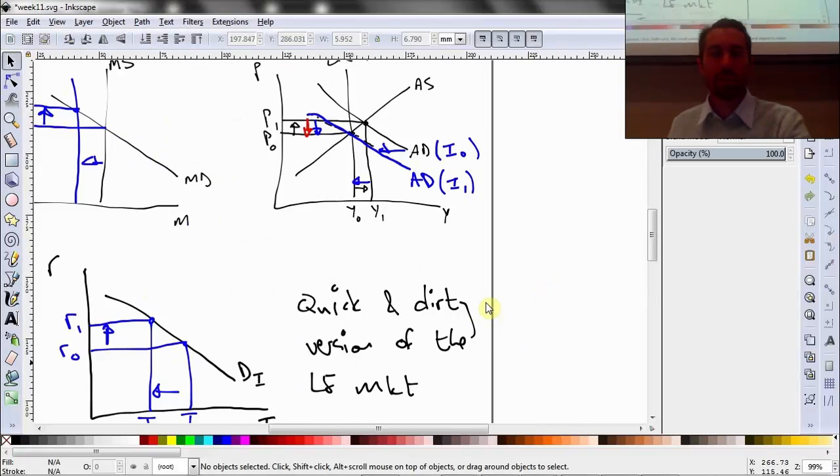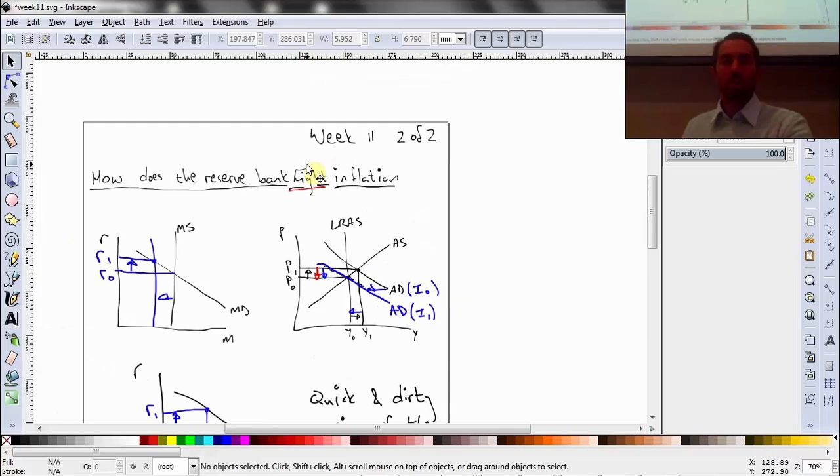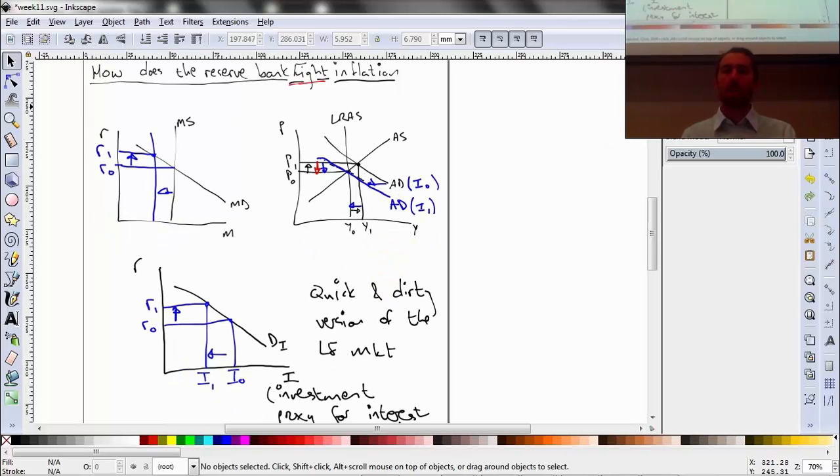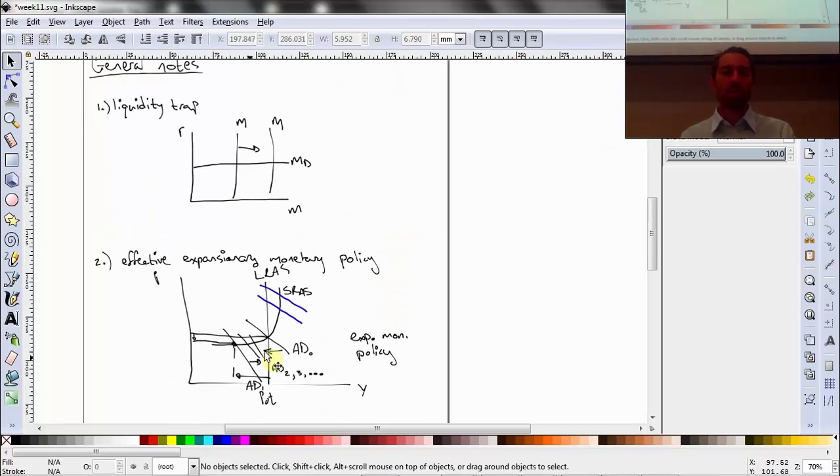Okay, so we spoke about the idea that the Reserve Bank, through its monetary policy, can fight inflation, but it has a downside in the sense that it also affects employment. Not usually a big issue in practice, because the Reserve Bank would use a contractionary monetary policy usually when we are above full employment, and you tend to have a very steep short-run aggregate supply curve above the potential level anyway.